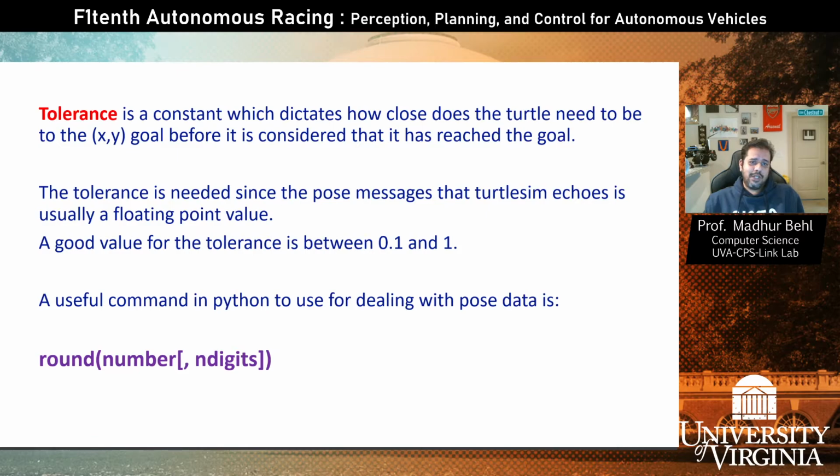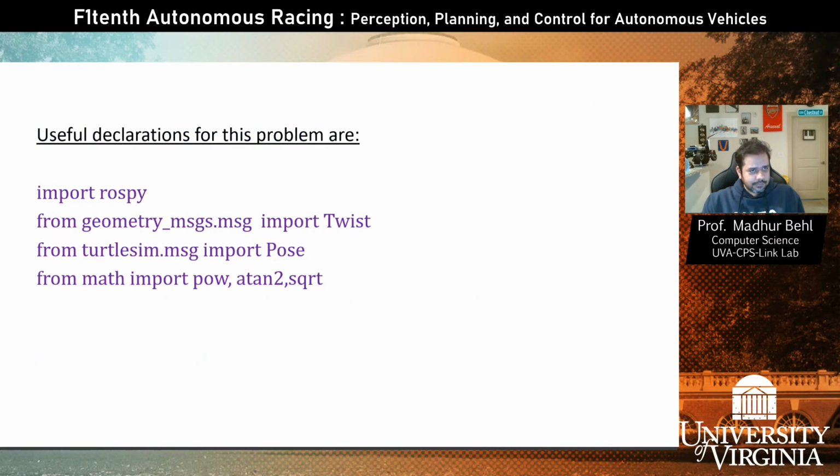So you can say whatever pose I get, I will always round it to only one place of decimal or 2 places of decimal. You should make good use of this Python command, because it will be very useful to figure out if you've actually reached the goal, and even to compute your linear and angular rates. So I hope it is clear what swim to goal ought to do.